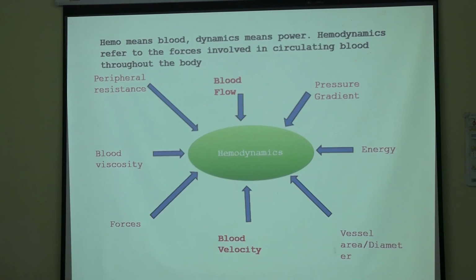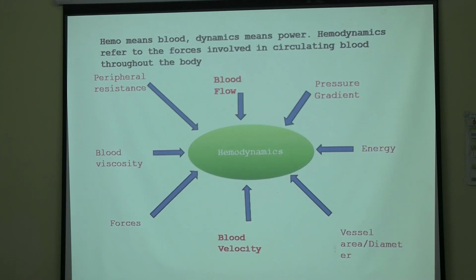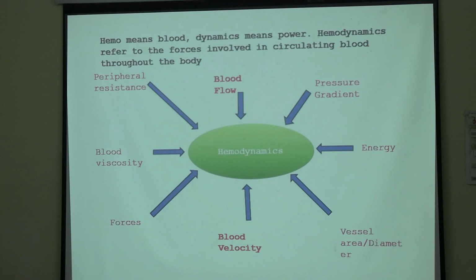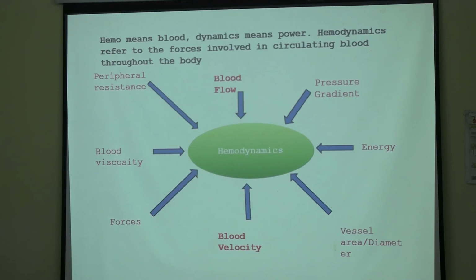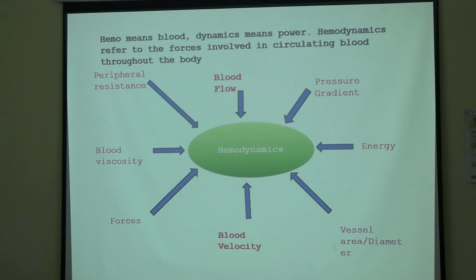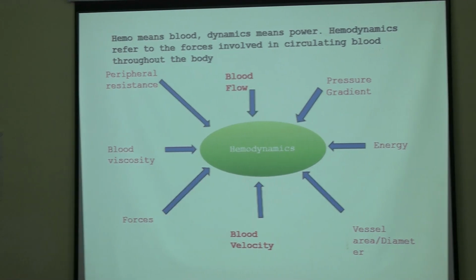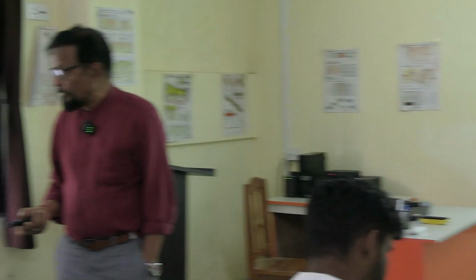Hemo means blood. Dynamics means power, or energy. So while blood is flowing through the blood vessels, several forces are involved. Some may increase the flow, some may decrease the flow. Some may oppose, some may accelerate. So we will be discussing them.